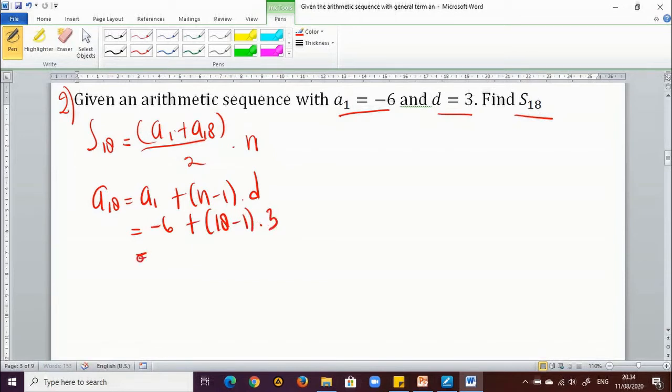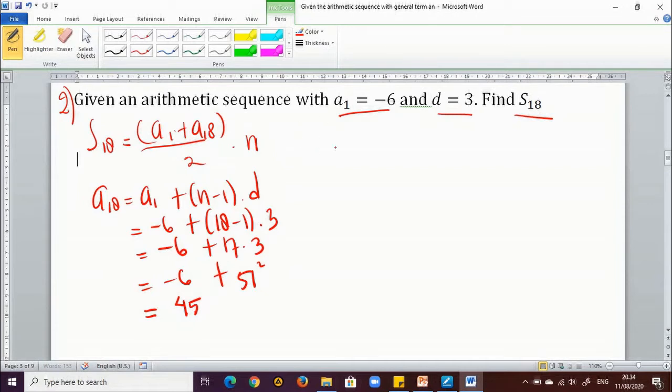So this is minus 6 plus 17 times 3, so minus 6 plus 51. So the 18th term is 45.